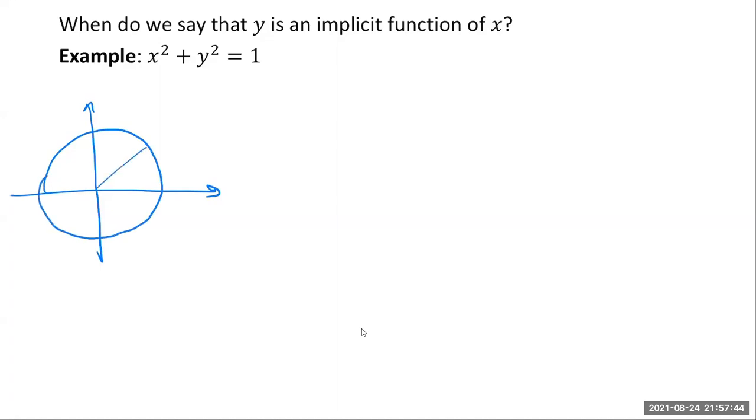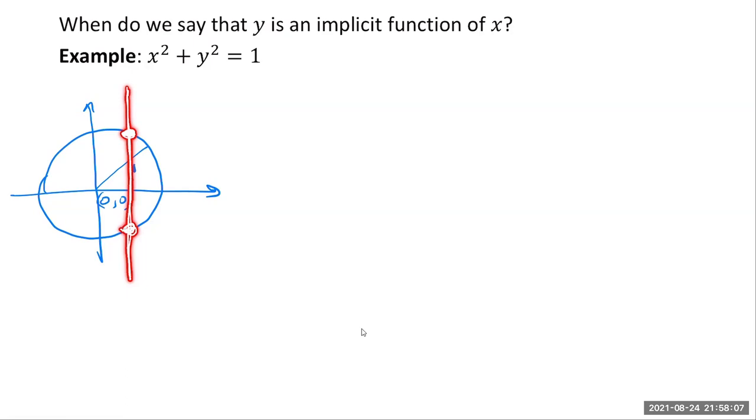It's the unit circle, right? The radius is 1, and the center is at the origin. This is the equation of this circle. As you can see, it is not a graph of a function. By the vertical line test, if you draw a vertical line, it is going to intersect your graph at 2 points. That means y is not a function of x.